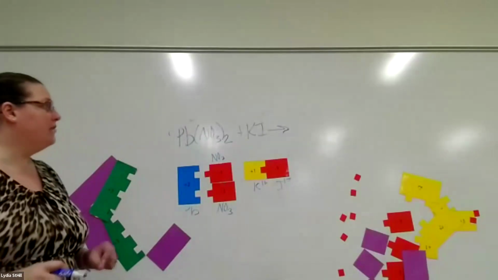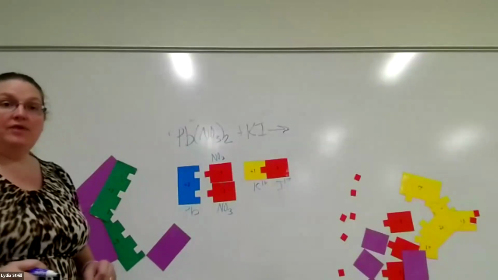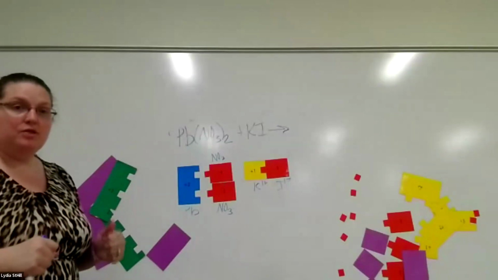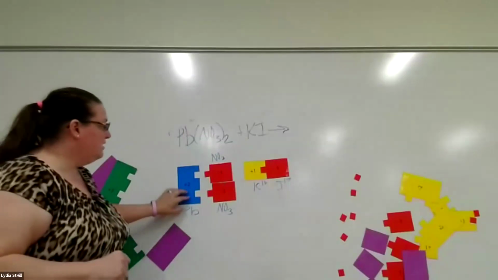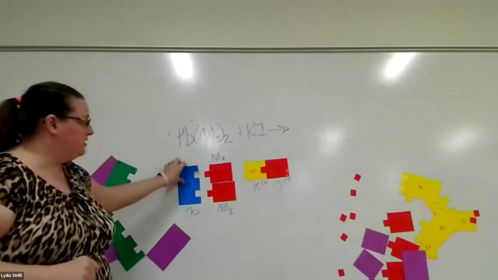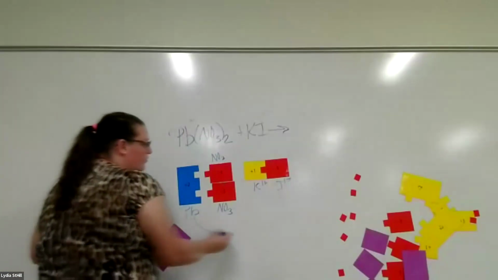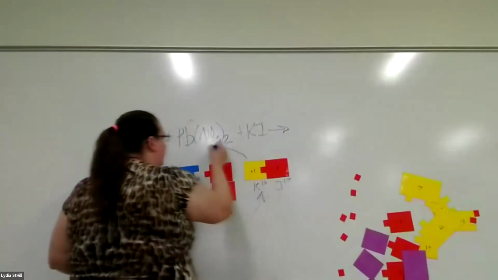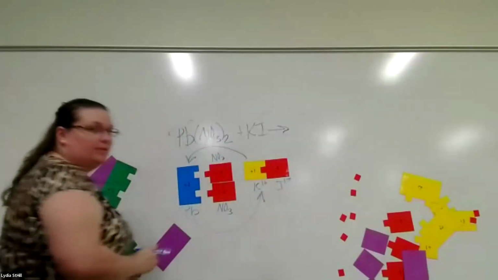Okay, so now what I am going to do is figure out how to swap my partners. So in this case, I'm now going to switch places. Pb is going to come over here and K is going to come over here.